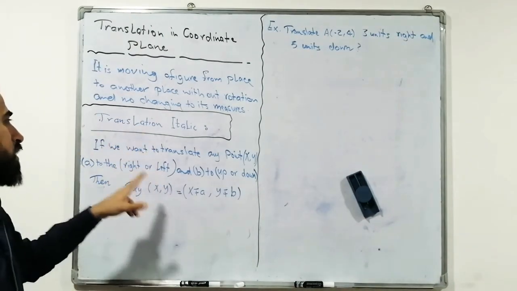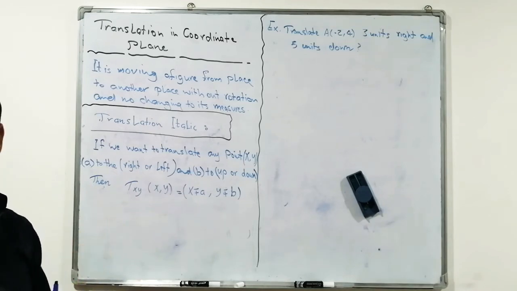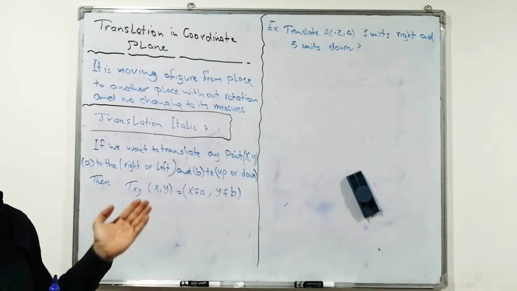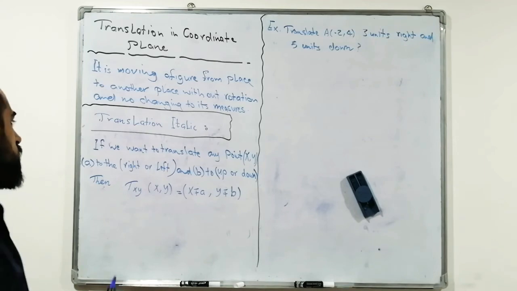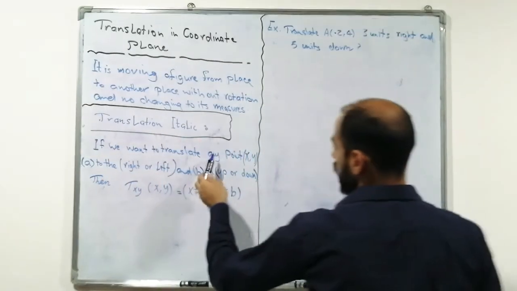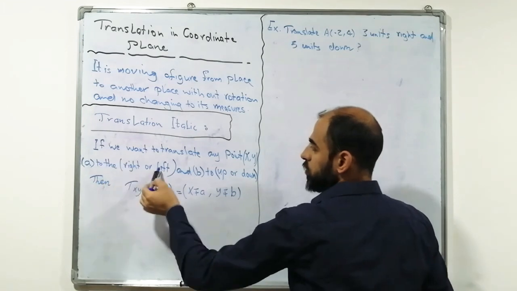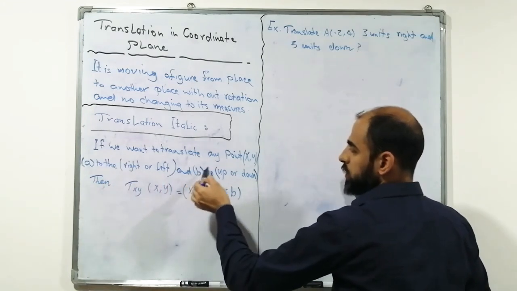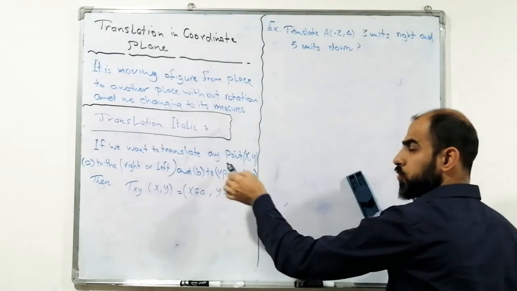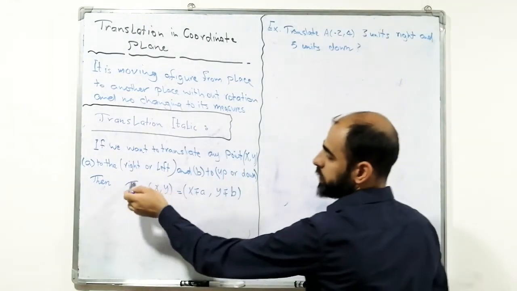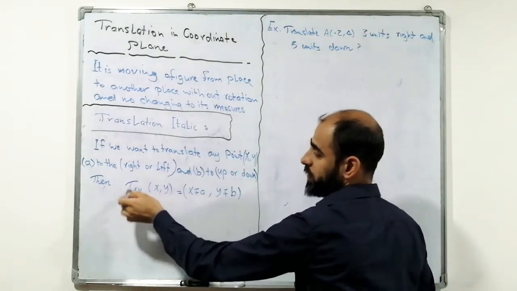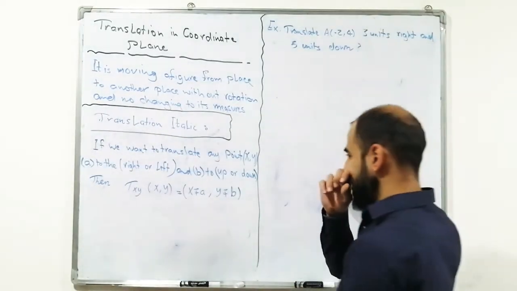Now in this kind we have translation of any point or figure with x-axis and y-axis. That's meaning if we want to translate any point x, y, a unit to the right or left and b unit upward or downward, then translation of this point, Txy, that's meaning translation with x and y axis.